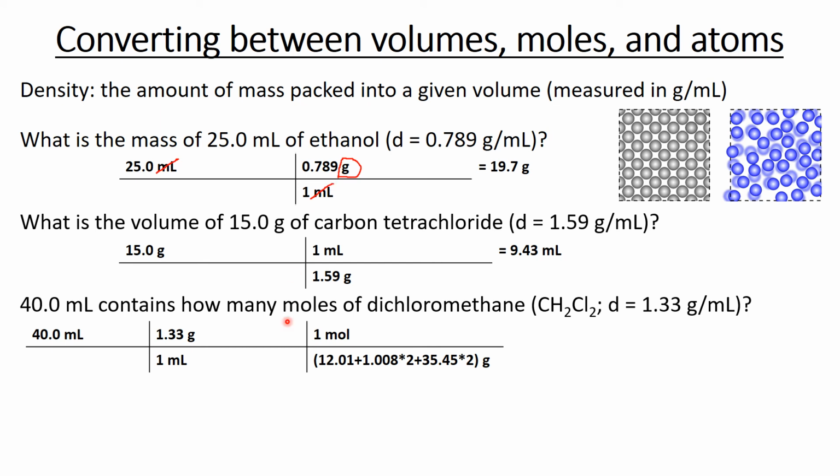So my molar mass is just the expression 12.01 plus 1.008 times 2 plus 35.45 times 2. And then if I add that together, that's going to be my molar mass. You can leave it unsolved in your equation.